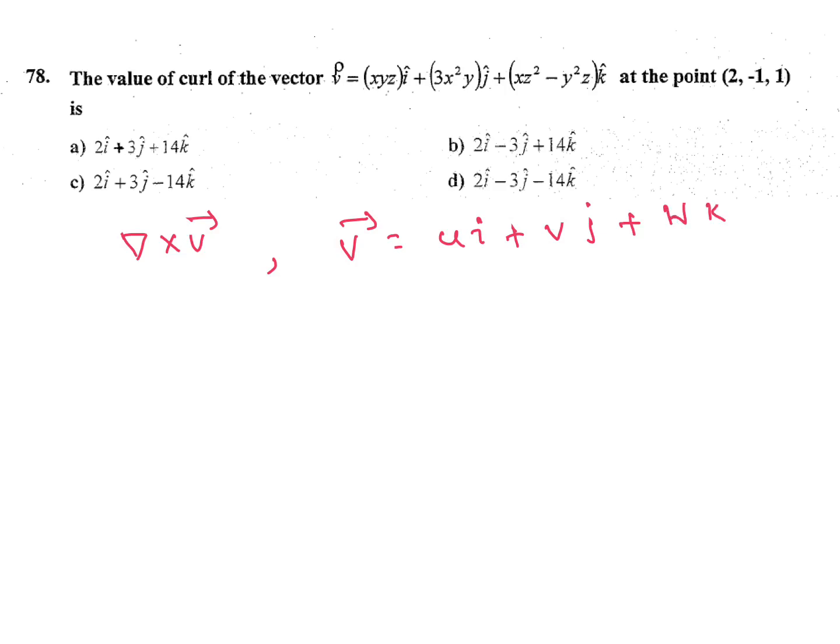So in this case u equal to x y z, v equal to 3 x square y and w equal to x z square minus y square z. So curl we have to calculate.